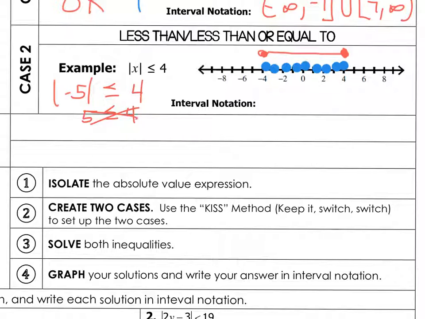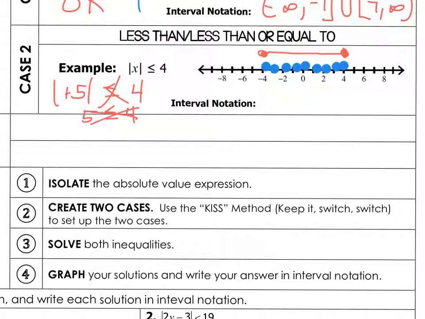So that is not a true statement. And even if we put a positive 5 in there, it is still not a true statement. So we can conclude that the only possible solutions to this inequality are from negative 4 to positive 4.